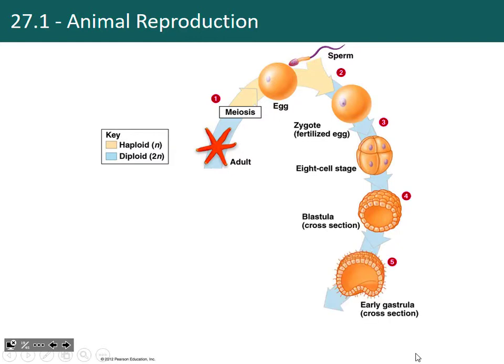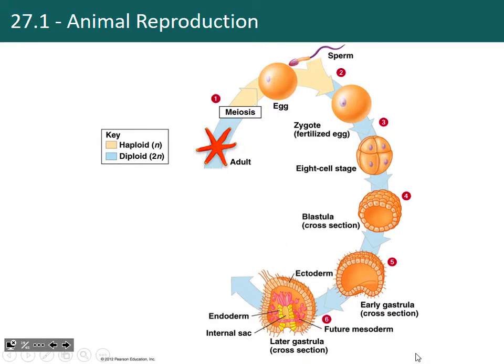As the blastula develops, we start to fold some of those cells into that opening, and that process is known as gastrulation, and this becomes the early gastrula. It's starting to get bigger, and we fold cells into the interior even more.